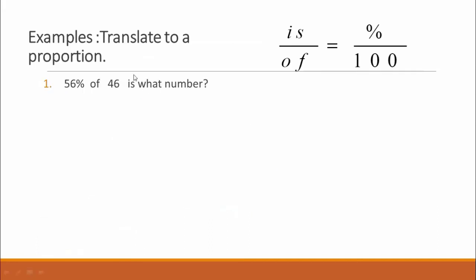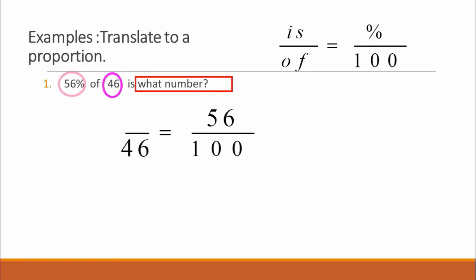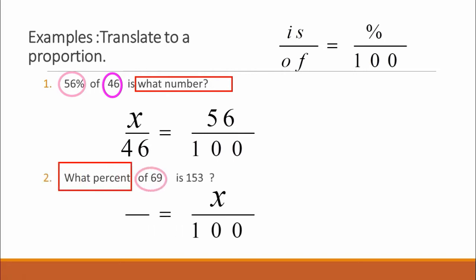So to translate this percentage formula through an example, here we have an example like 56% of 46 is what number? So dear students, in this description, 46 is connected with "of", meaning whole.